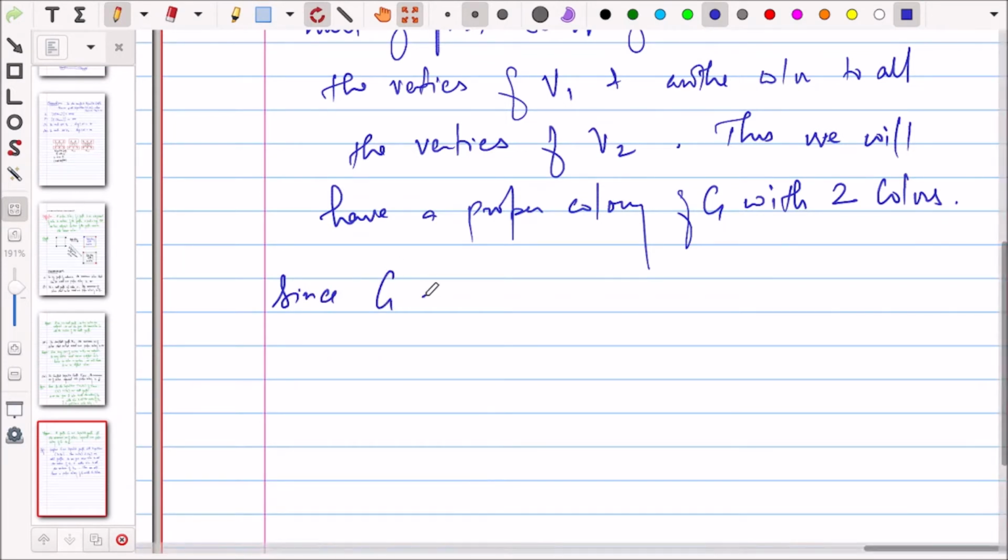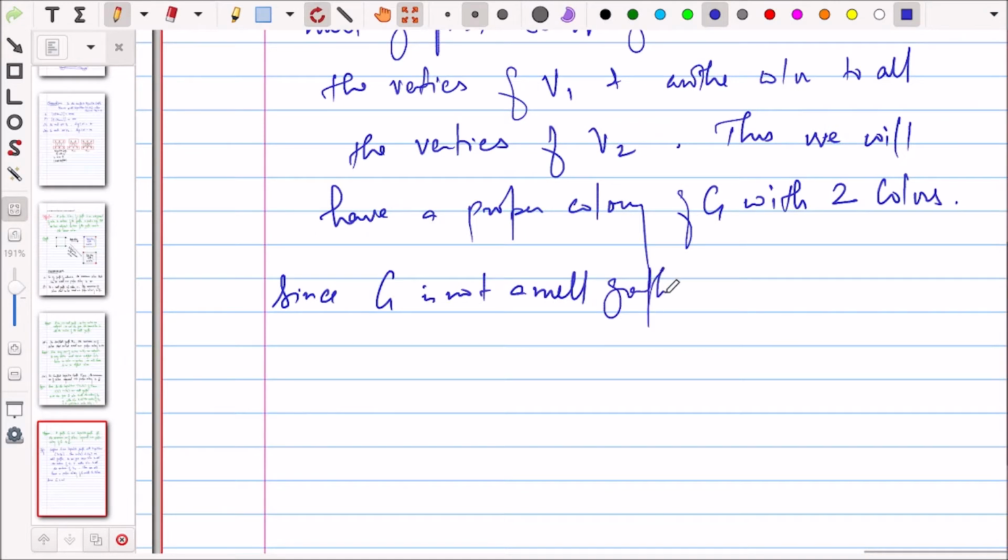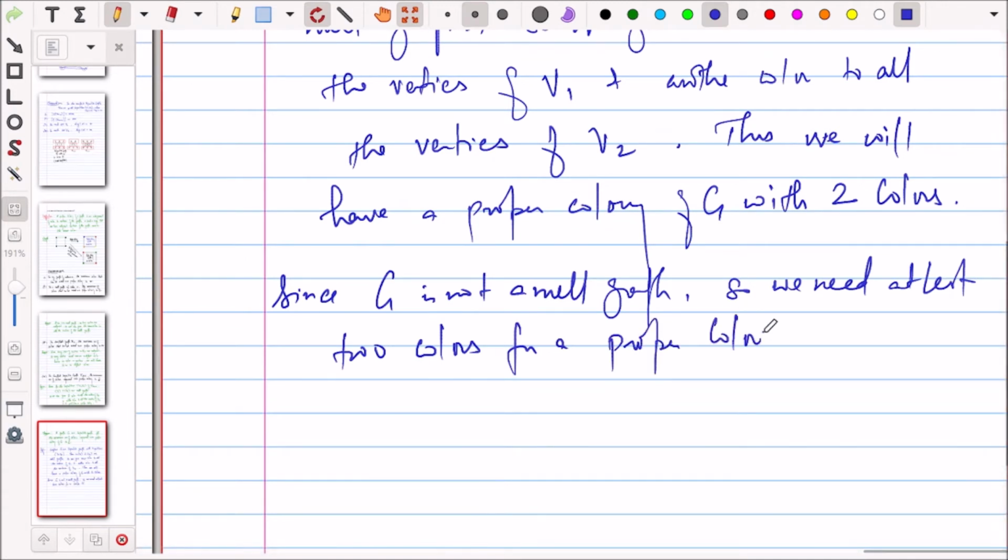Since G is not a null graph, so we need at least two colors for a proper coloring. ठीक है, so minimum number of colors is 2. Hence the minimum number of colors in a proper coloring of G is 2.